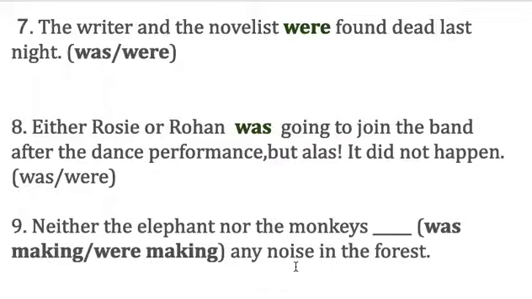But if one is singular and one is plural, we'll decide the verb according to the nearest subject. So in this case, the elephant is not nearest. Which subject is nearest to the verb? Monkeys. Since monkeys is the plural form of monkey, we say neither the elephant nor the monkeys were making any noise.